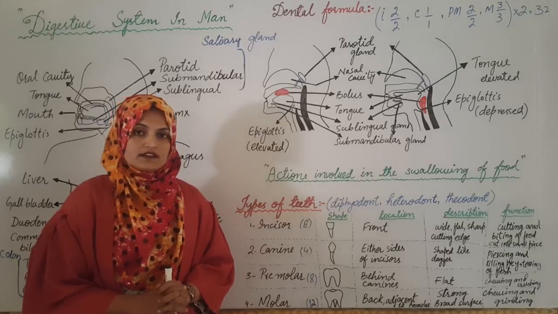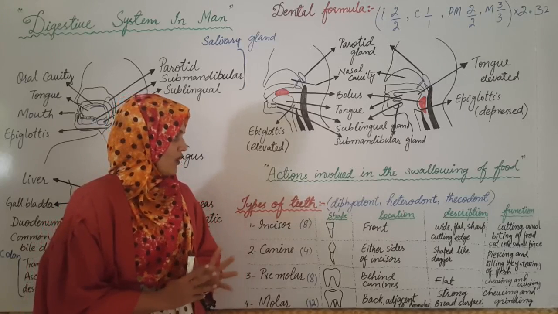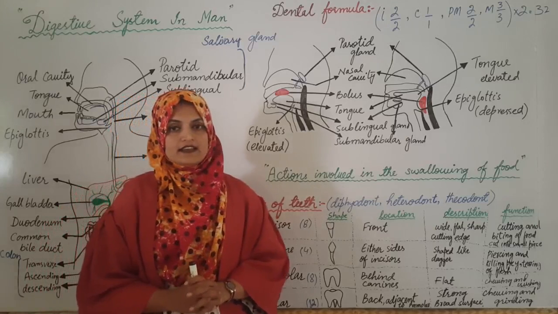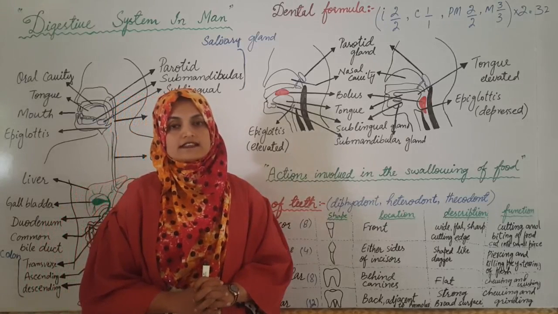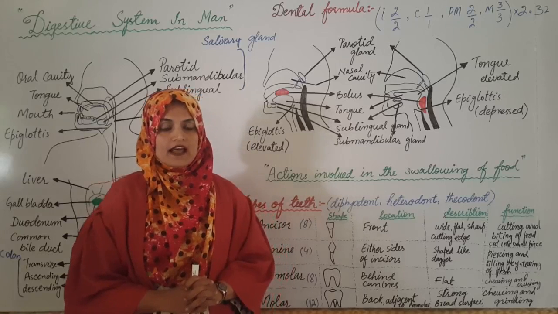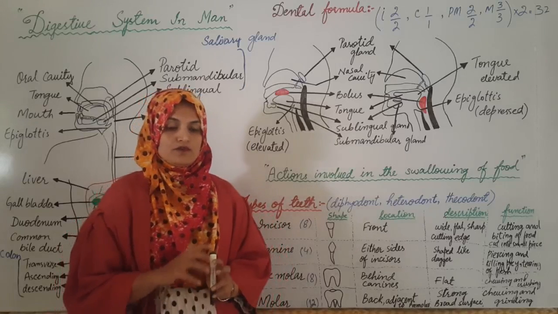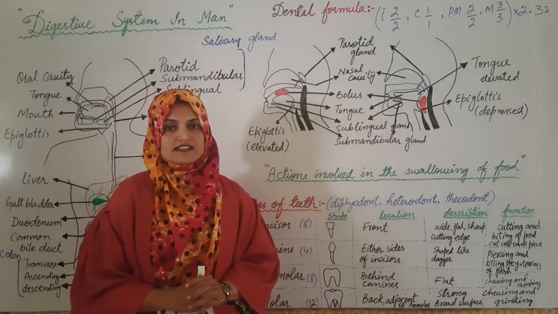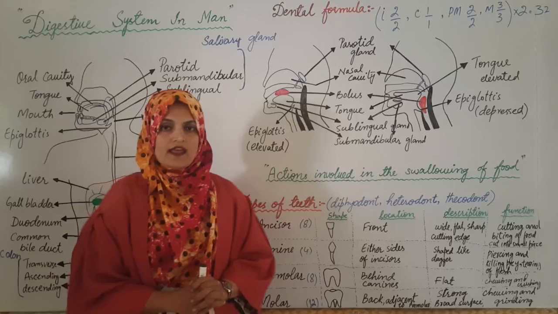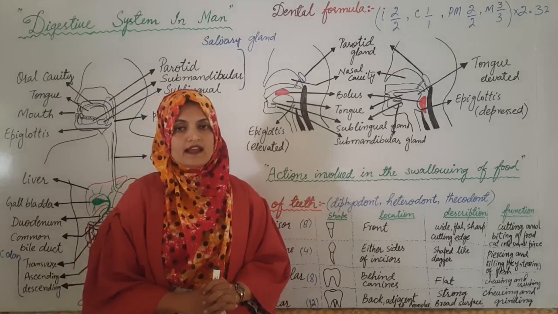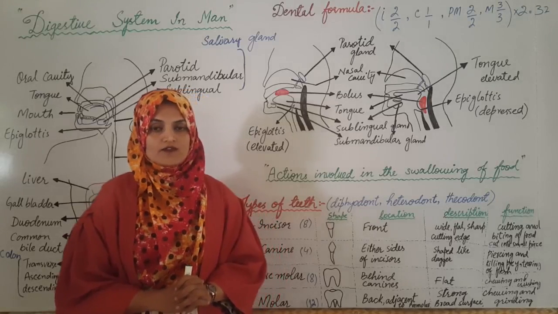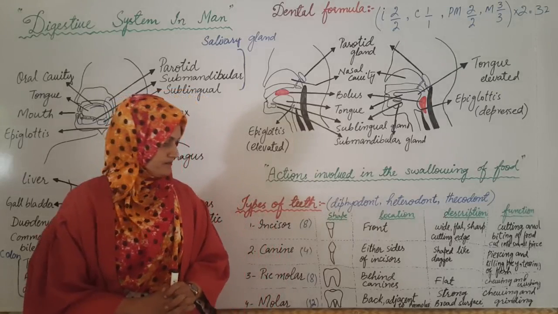For this function, the shape of the canine is dagger or chisel-like, which helps the animal pierce the teeth into the prey, killing it, and also helps in tearing the flesh of the prey.